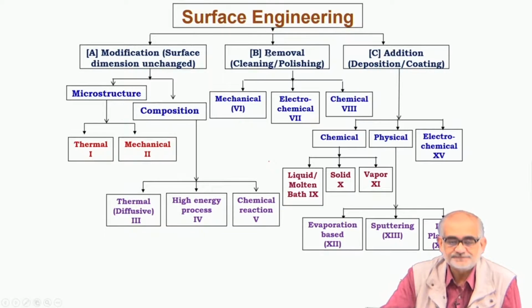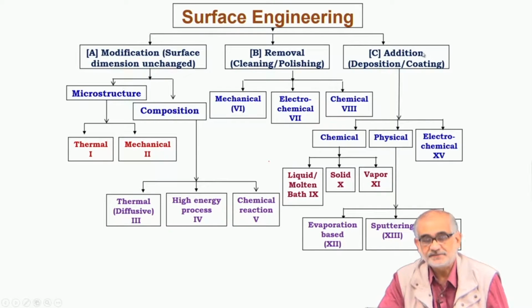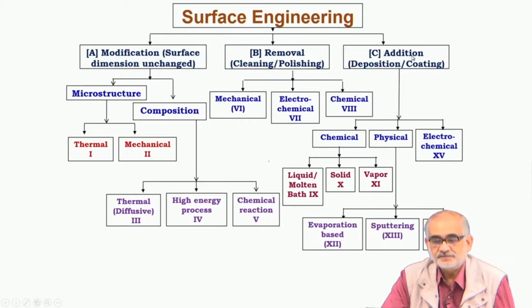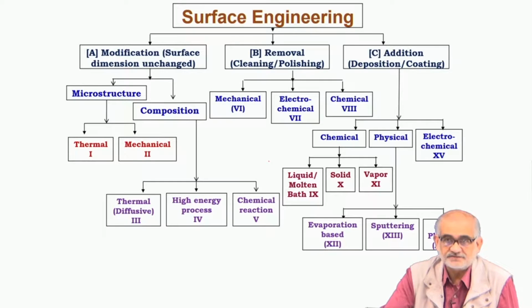So, this is one possibility where we are basically changing only the surface microstructure or composition without any major change in dimension. The next possibility is where we actually remove some part of the surface, typically in an approach to clean or polish. And in the process we bring in certain changes in the surface chemistry or microstructure. We can also do another possibility which is very widely practiced, based on deposition or coating, where we actually add on to the existing dimension of the surface.